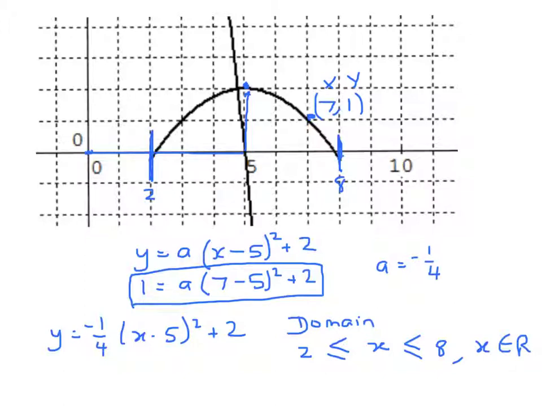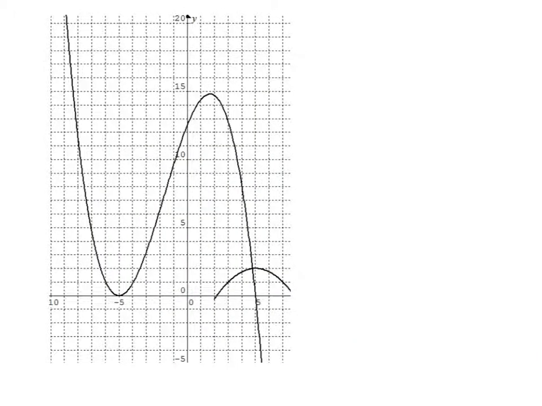My next graph, let's look at the cubic. My cubic, I know, is y equals a x to the power of 3, and because it's this shaped cubic, the easiest way of finding it is y equals some constant, and I can have 3 brackets.